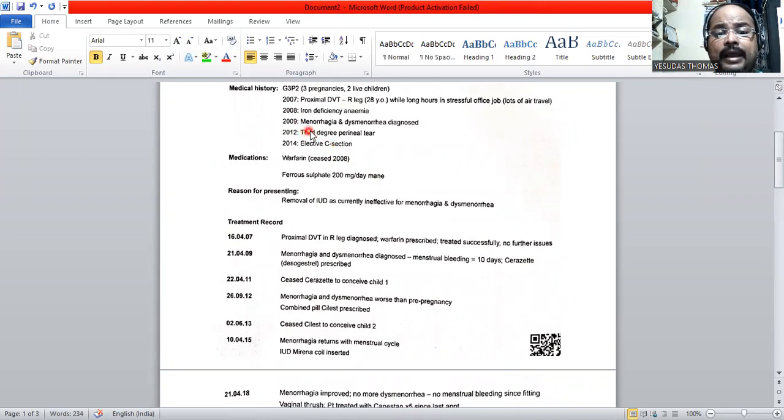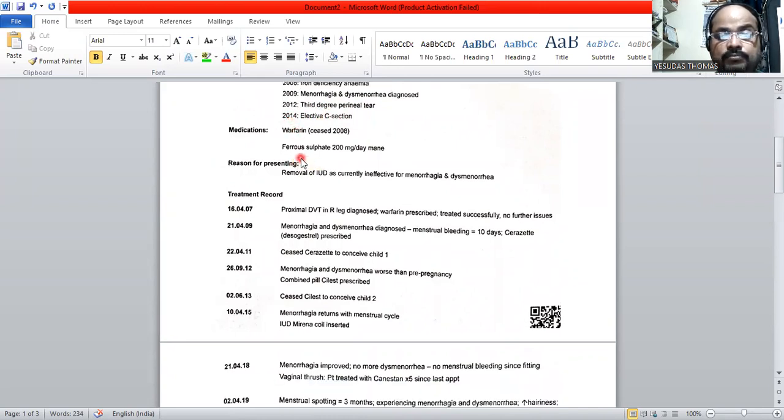Now, in 2009, we had menorrhagia and dysmenorrhea, third degree perineal tear, elective cesarean section. This is something which we are going to mention in brief.